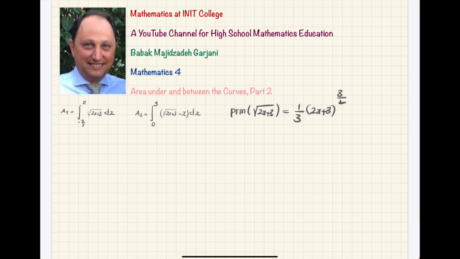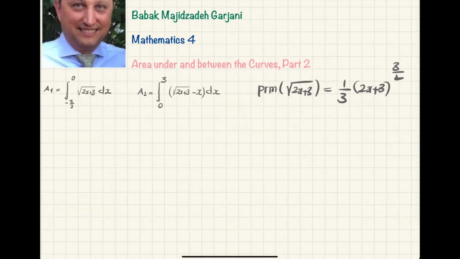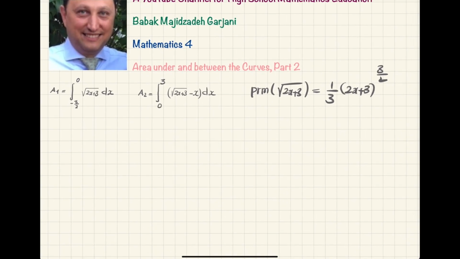Okay, now we have these two integrals to calculate. This was actually the hard part of this problem, but now you can solve the problem easily. So what happens? Area number 1 becomes the primitive function from this number to that number. Let us put 0.